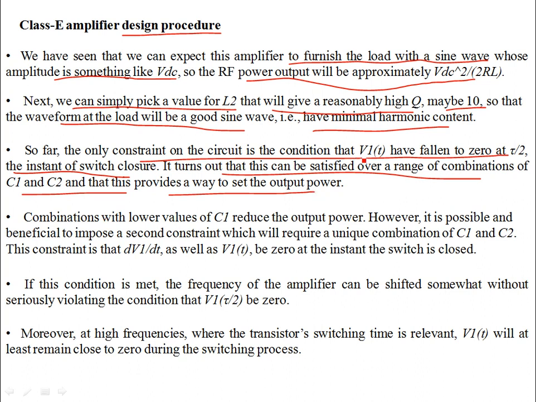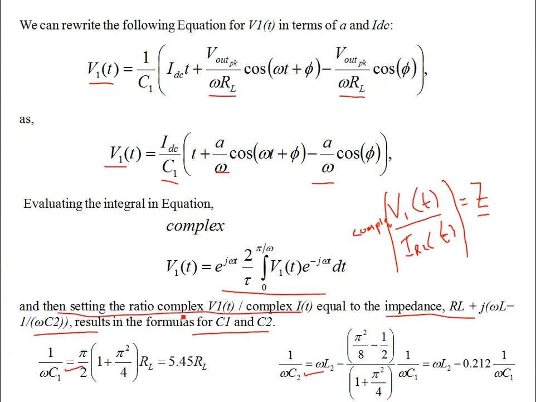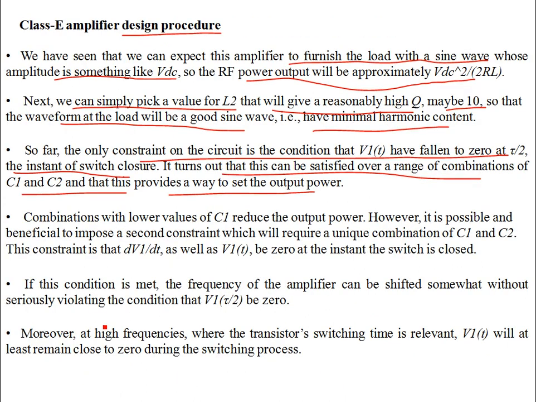So if you set the constraint on V1(t), that for the half cycle this is 0, and for the other half cycle this is pulsating, you can obtain the equations of C1 and C2, a combination that can provide you with a high power. The combinations with lower values for C1, for example, reduce the output power.